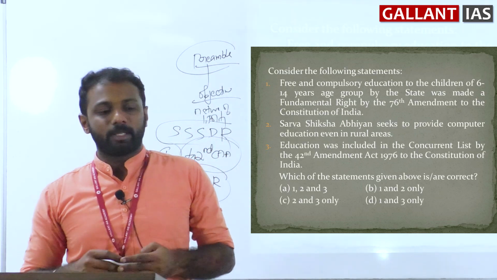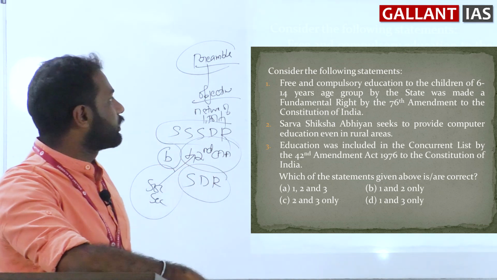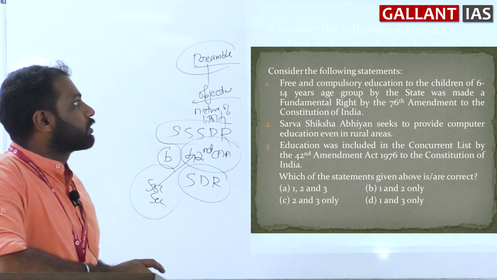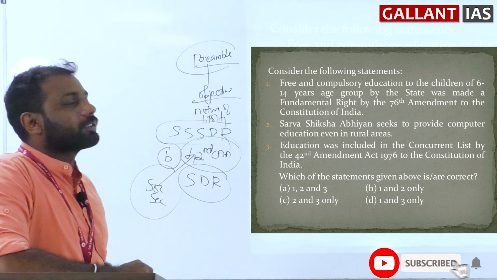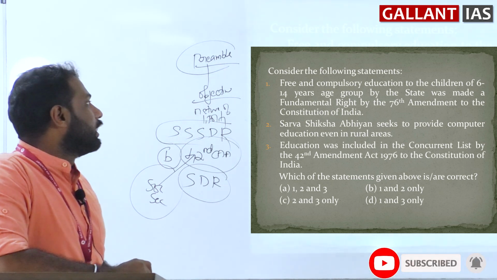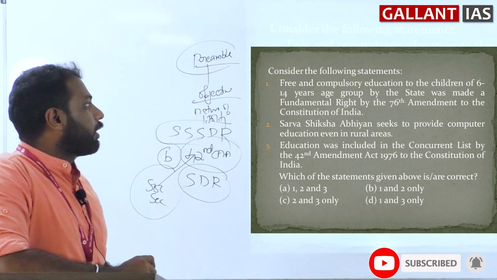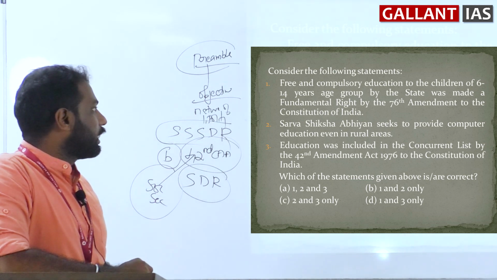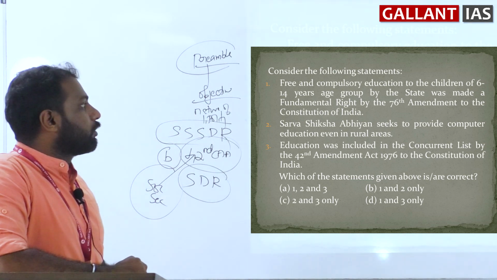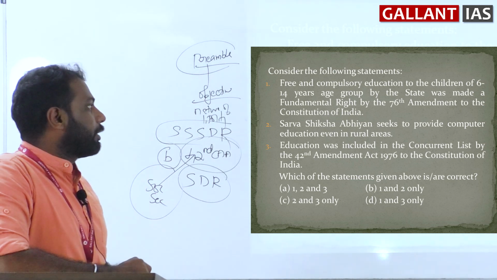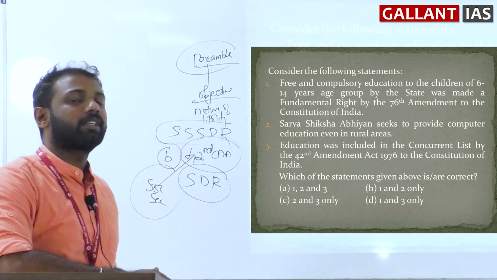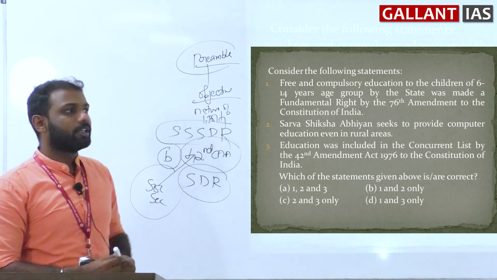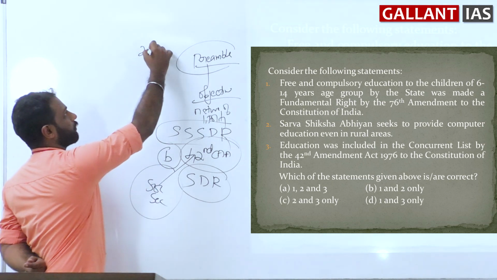Consider the following statements. One: free and compulsory education to children of 6 to 14 years of age by the state was made a fundamental right by the 76th Amendment to the Constitution of India. Two: Sarva Shiksha Abhiyan seeks to provide computer education even in rural areas. Three: education was included in the concurrent list by the 42nd Amendment Act of 1976. Find the correct statements. Regarding free and compulsory education, see Article 21A.